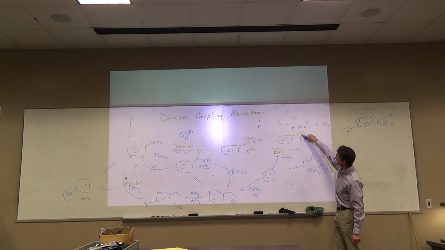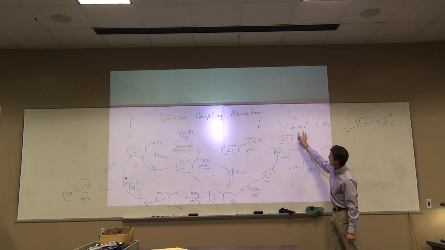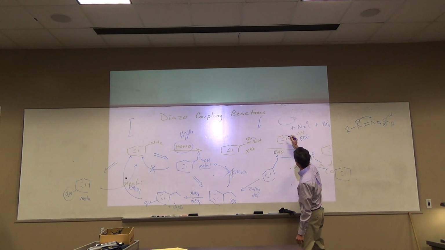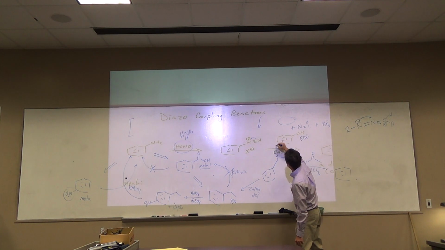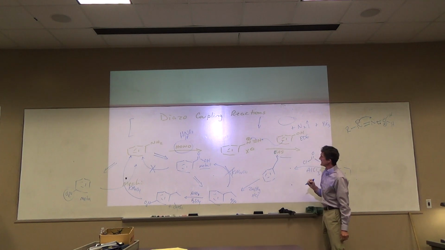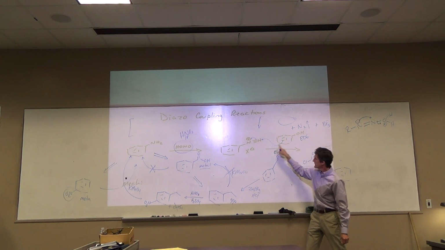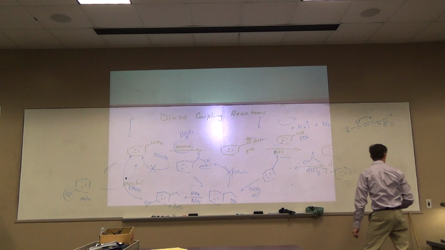What type of director do we have here? Group 1. OrthoPara. Basically, these electrons can attack here, just like an EAS, and move those there.